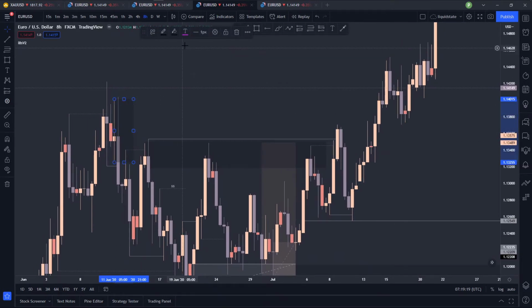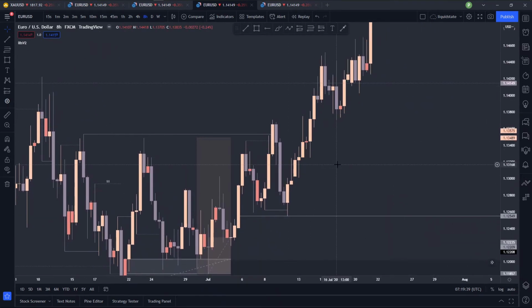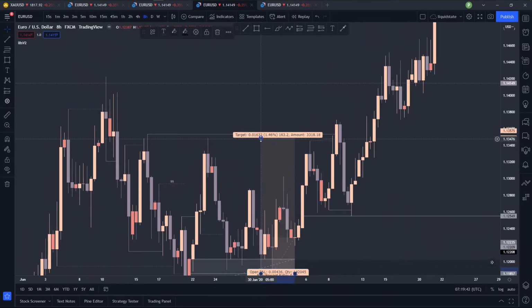Present mitigation equals future inducement. You see how this present mitigation here became inducement for this area, and this present mitigation here became inducement for another POI inside here. Just look at price that way and things become easy. It becomes easy, bro. That's just it. So we take that by our extreme take profit.